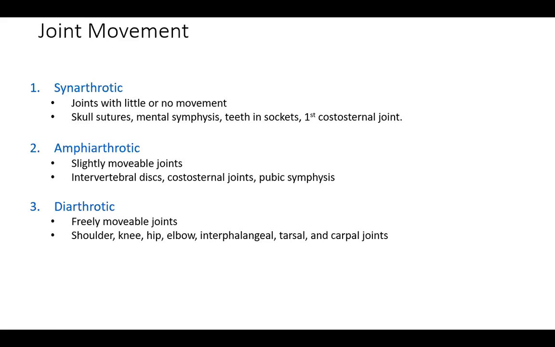The amphiarthrotic joints are the slightly movables. If synarthrotic is immovable, amphiarthrotic is slightly movable: the disc between our vertebrae, the rest of the joints of the sternum with the ribs, and the pubic symphysis. They have a little give to them.